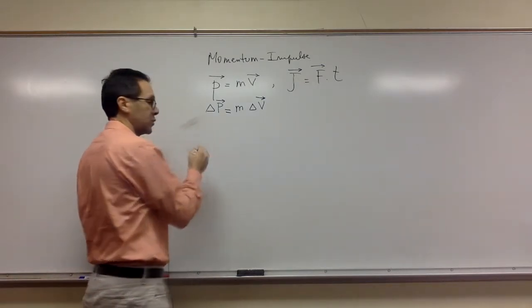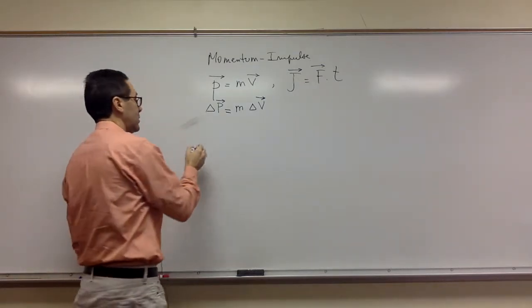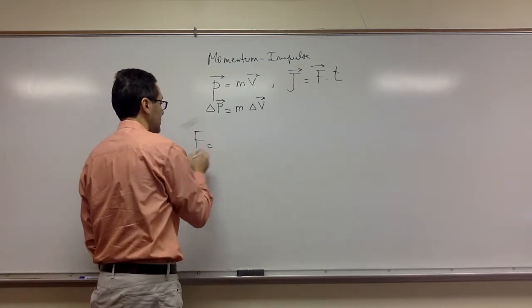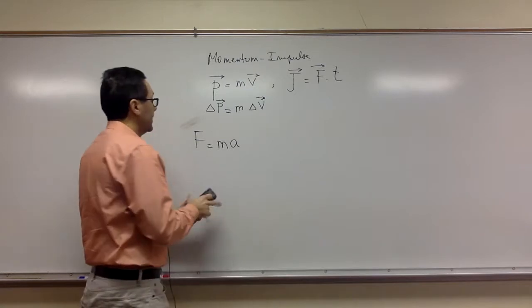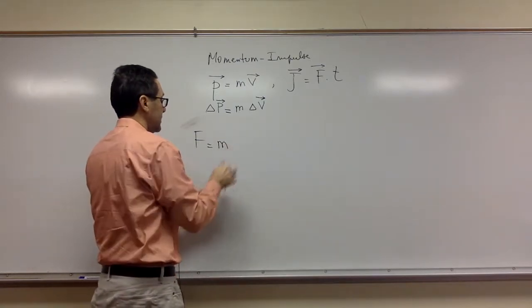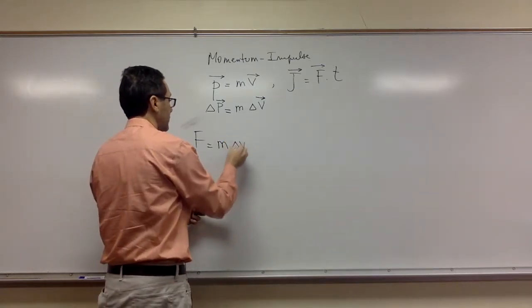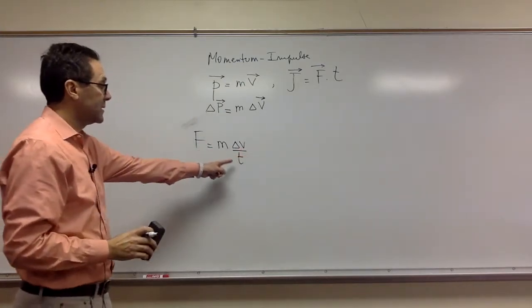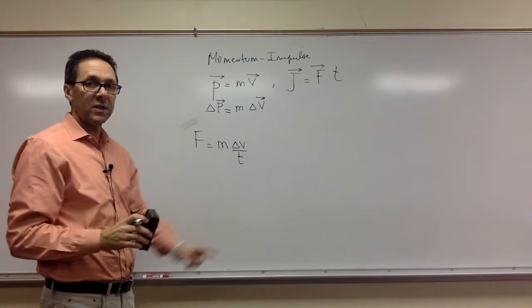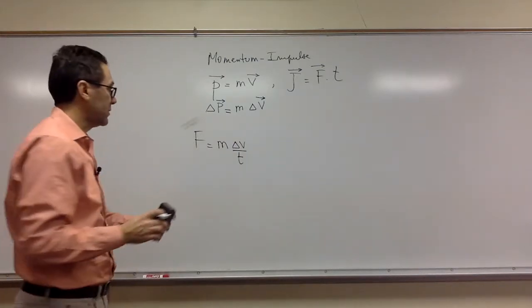Now I'm going to start this with Newton's second law. So I'm going to say F net equals m times a. Now, I know that a is delta V over T, the time it takes to make that change in velocity, to create that acceleration.